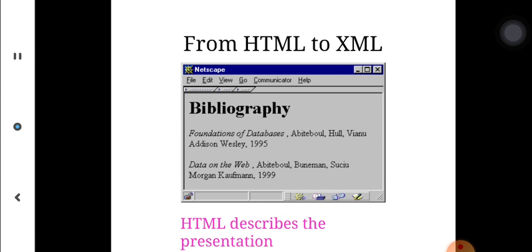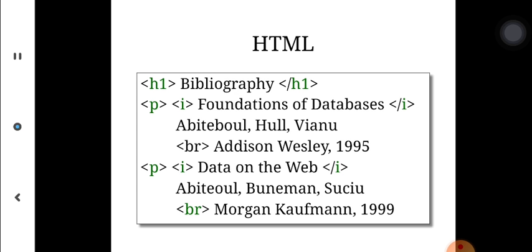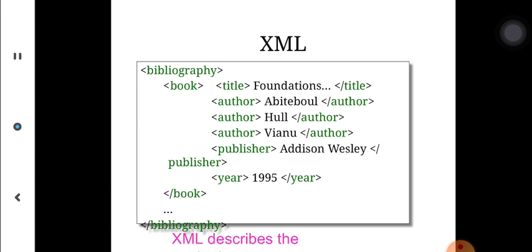So, the concept of going from HTML to XML: HTML is for presentation, but XML is for the data. You can see an example HTML file. These are different tags and every tag has its own definition. But when it comes to XML, you can define your own tags. For example, you see bibliography and then you have books and it has a title tag, author tag.